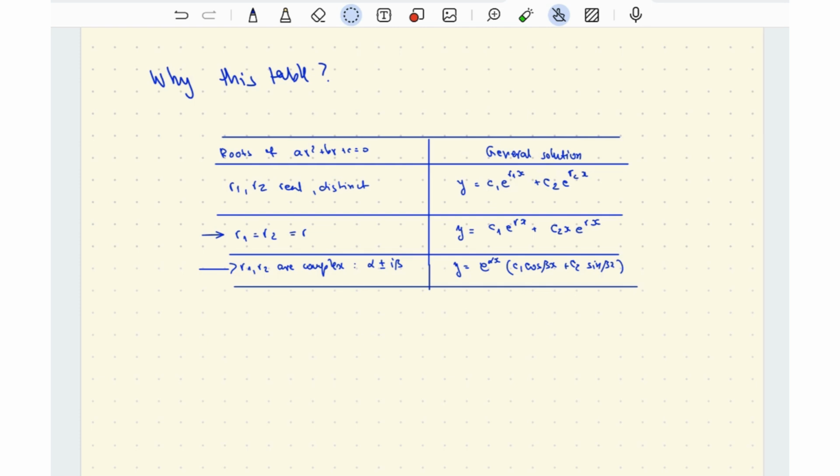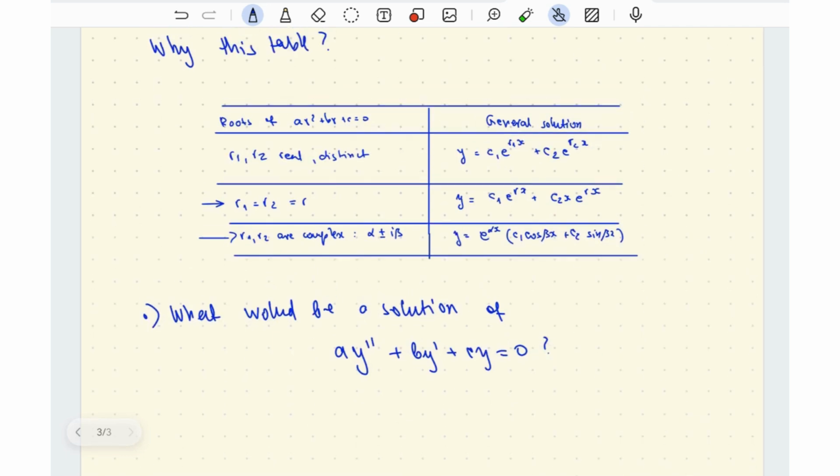Now, first of all, let us see the motivation. So the first thing is, what would be a solution of the second order homogeneous equation?